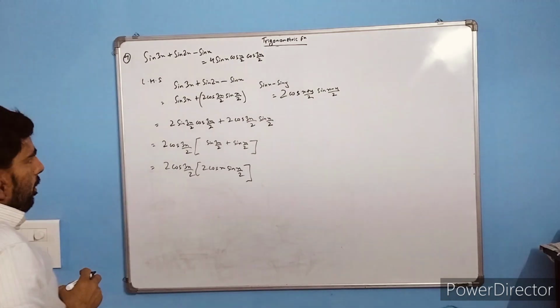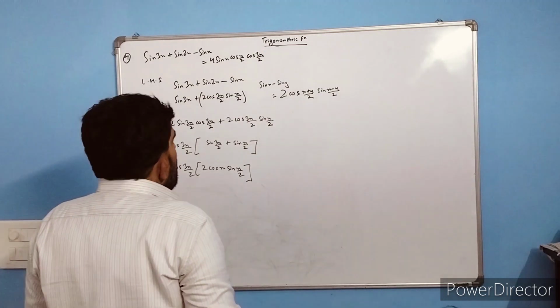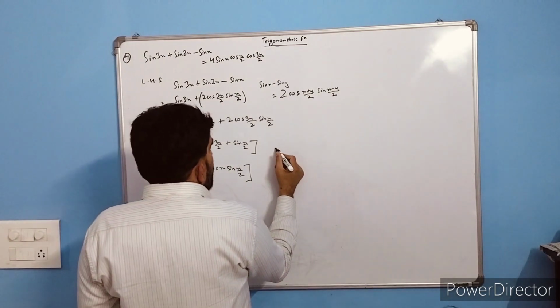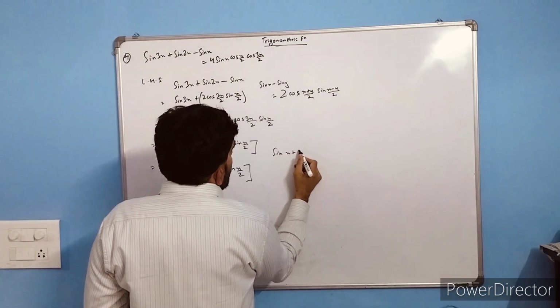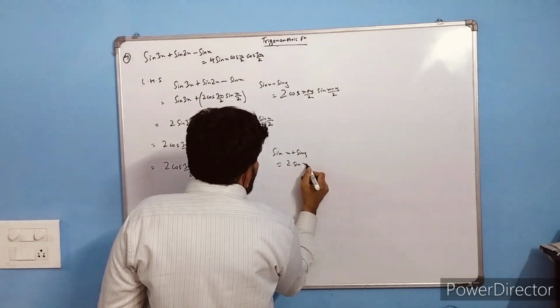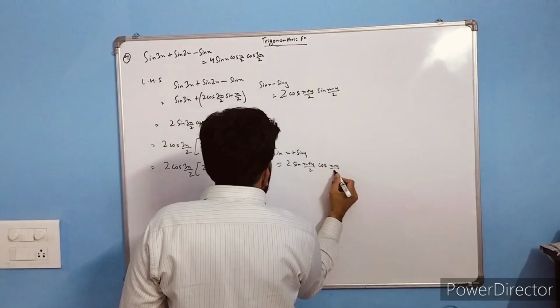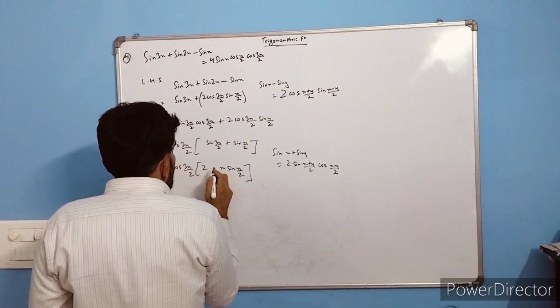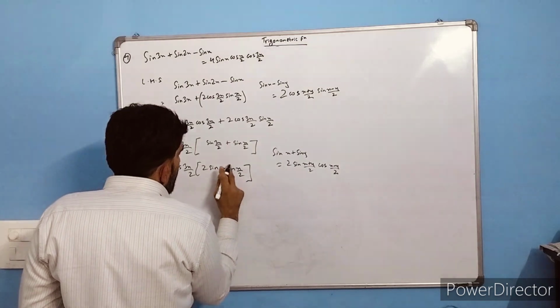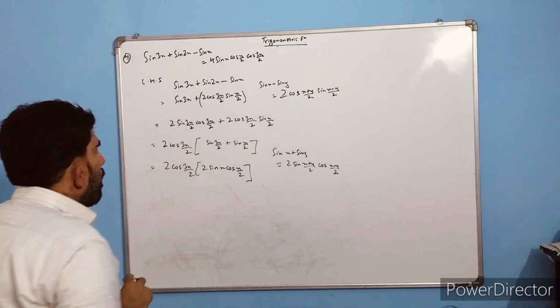Sorry, sin x plus sin y is there, no? Here the identity will be different now. Sin x plus sin y, that is 2 sin (x plus y) by 2 cos (x minus y) by 2. So here I am using it, that is sin, and here it will be cos. So I got this.